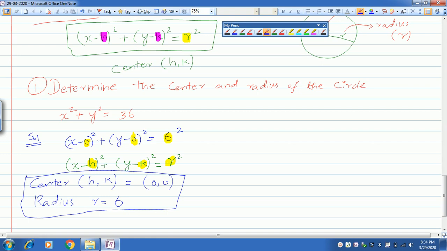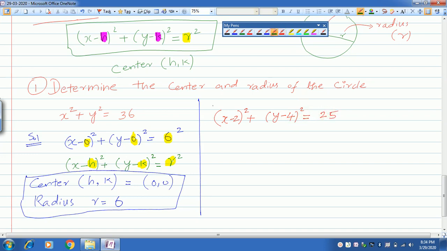Now we are going to take another example of a similar type. Here you have x minus 2 whole square plus y minus 4 whole square, which is equal to 25.